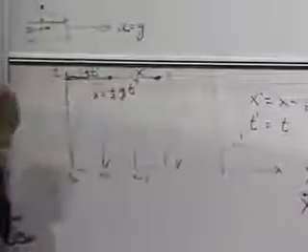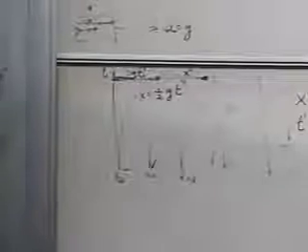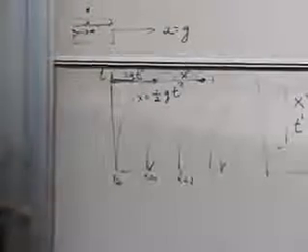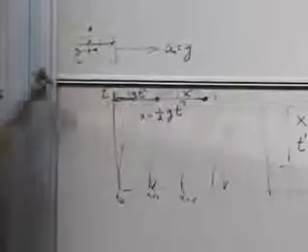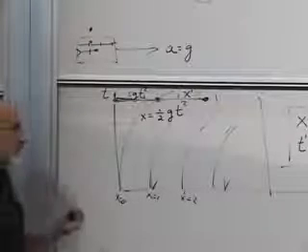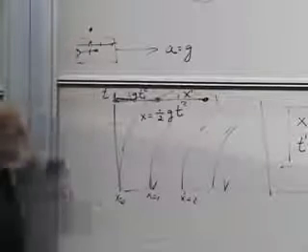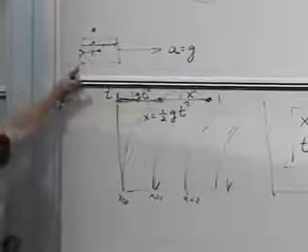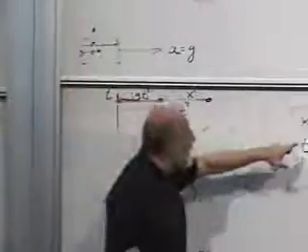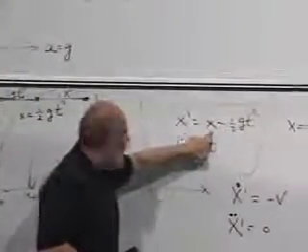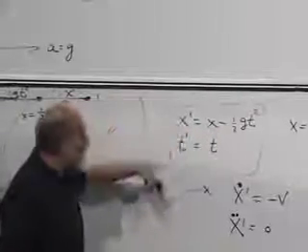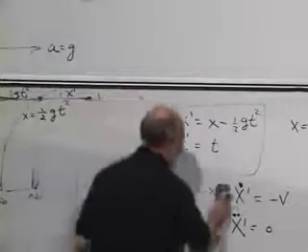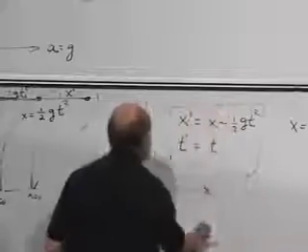Okay, let's say again that the passenger drops a coin, or whatever it is, and that the coin happens to be standing still. He throws it in just such a way that it's standing still in my frame of reference. That again means x is a constant. What does it say about x prime? Let's work it out.